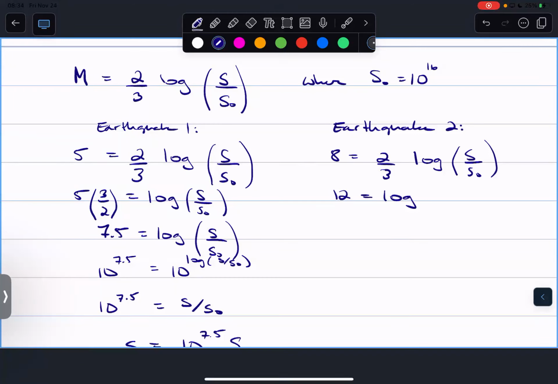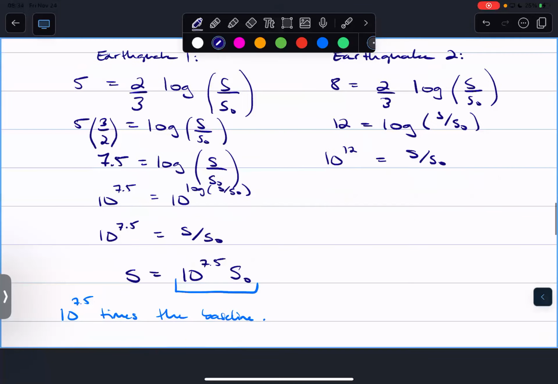Skipping some steps, that's okay. Is the log of S over S0. So now again, 10 to the power of 12 is S over S0, which means that S in this case, we were expecting it to be larger.